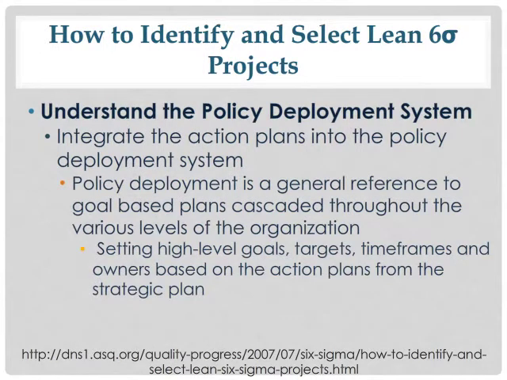Dealing in the arena of teaching and learning and all the lovely bureaucracy that comes with it, making sure you understand the policy deployment system is essential. Even if the project or the problem that you identify fits within the strategic plan, if there is not a policy deployment system and plan that is favorable for your outcomes to be implemented, then you've basically wasted your time, the resources, and the funding on a project that was well-meaning and fit, but because of the policy, there was no way the implementation was going to be supported.